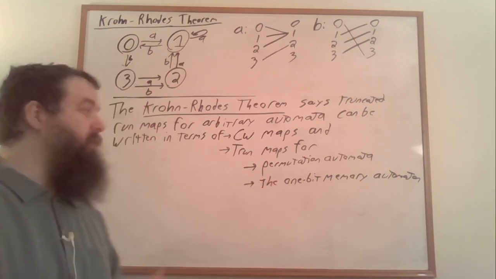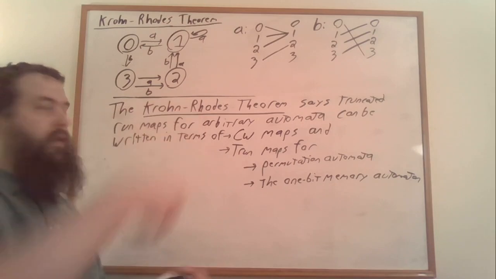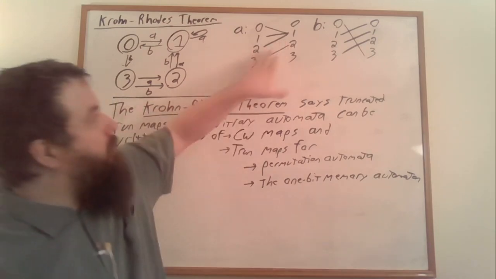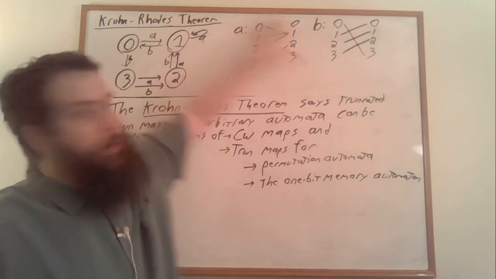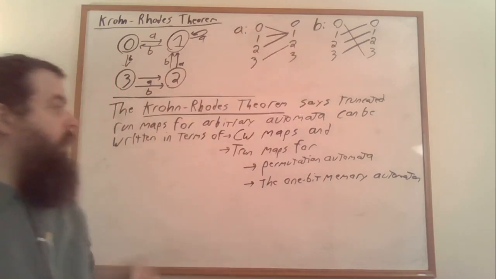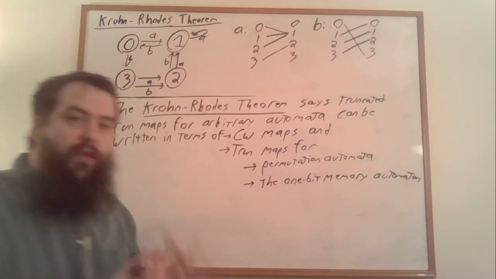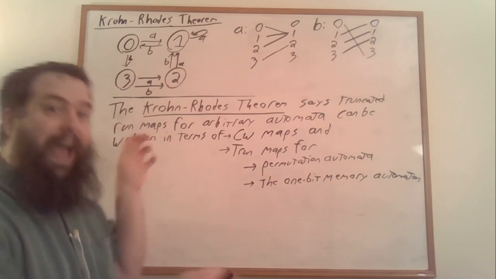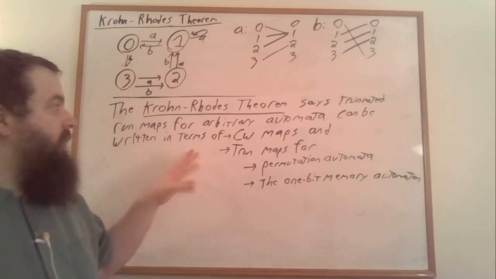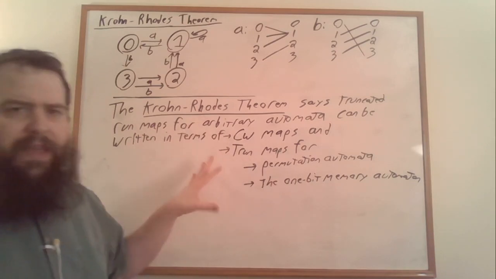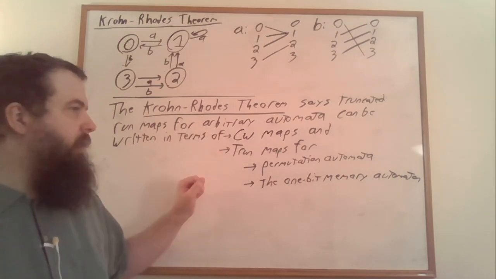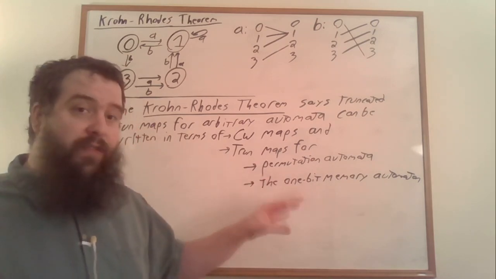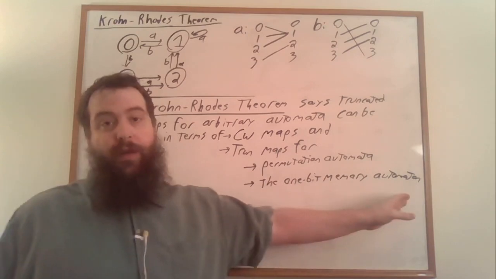So in some sense we can kind of pull apart all of the reset behavior, even if it's partial reset behavior like we see here. All of the non-invertible behavior of an automaton can be pulled out, and it winds up being a cascaded composition captured entirely by lots of copies of this 1-bit memory automaton.